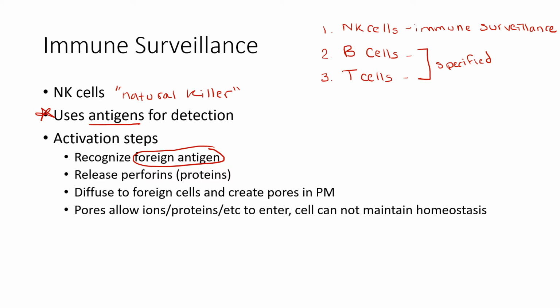So natural killer cells, or NK cells, if you want to think of it in a way that you can understand a little bit better than just how it's written up here, think of NK cells as like police officers. Police officers are going to patrol for any crimes, and literally that means like anything, right?